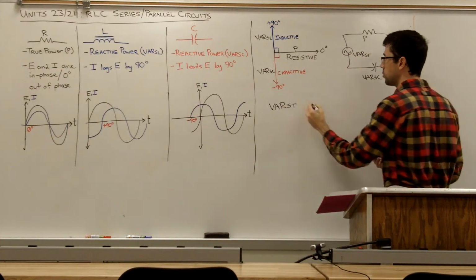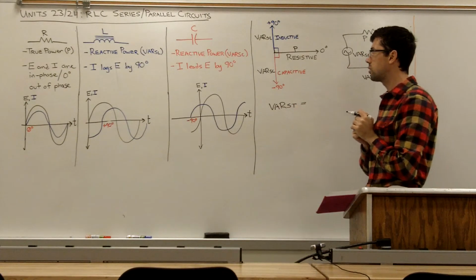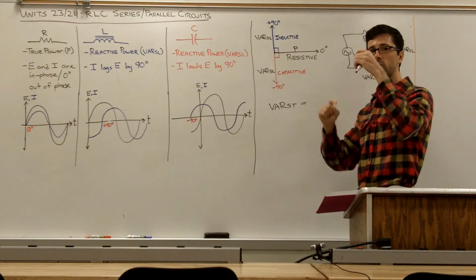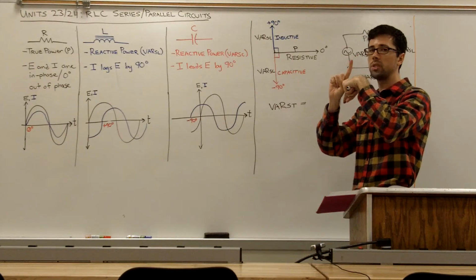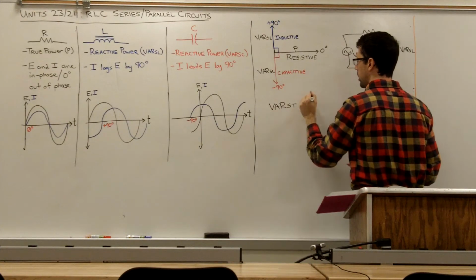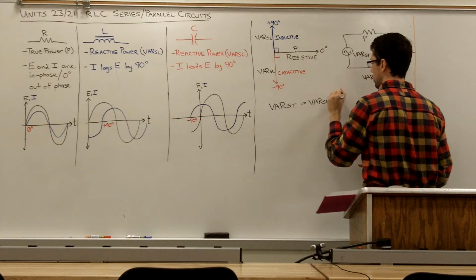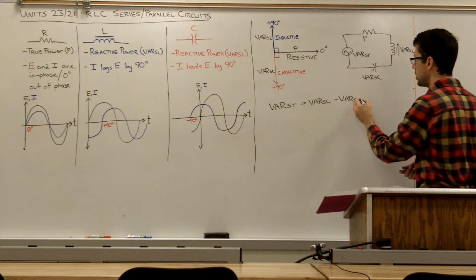To find this, we have to treat them as vectors. Now remember, vectors that are directly opposite one another mean we simply subtract them. So the total bars would be the value of bars L minus the value of bars C.